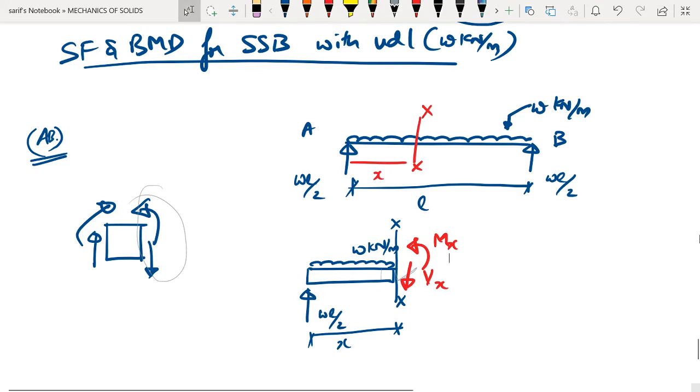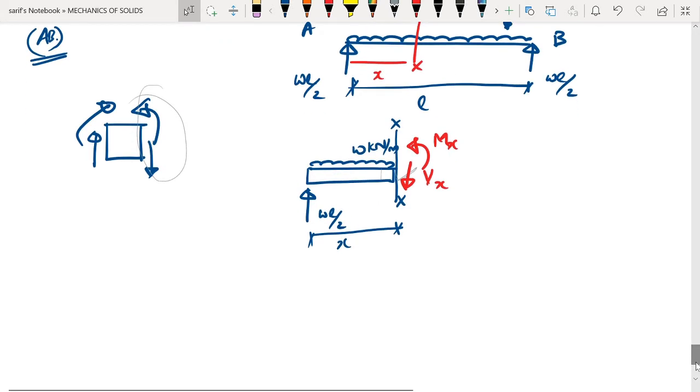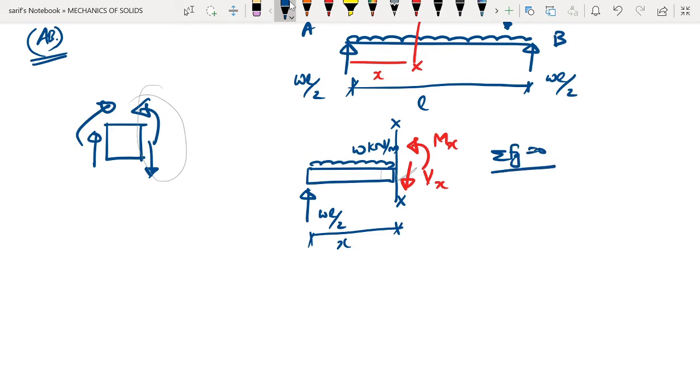Now what we need to do is we need to calculate the expressions for Vx and Mx from equilibrium. So if we consider equilibrium of this particular beam portion, so if I go for sigma Fy equal to 0, so that is WL by 2 will be positive, minus the UDL contribution will be Wx.